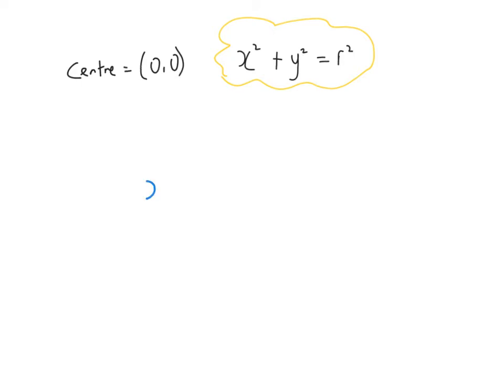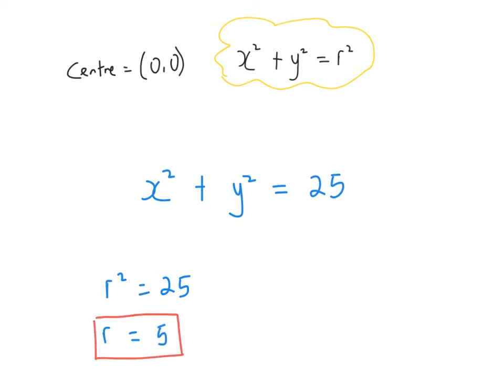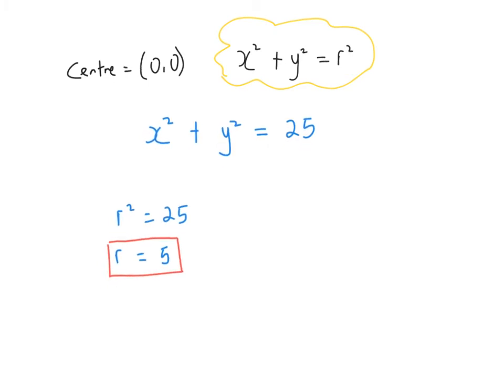For example, if I have a circle and we're told it's x squared plus y squared is equal to 25, well then I know r squared is equal to 25, so the radius has to be the square root of 25, which is 5. So straight away, from looking at equations of this form, we are able to see what the radius of that circle is.